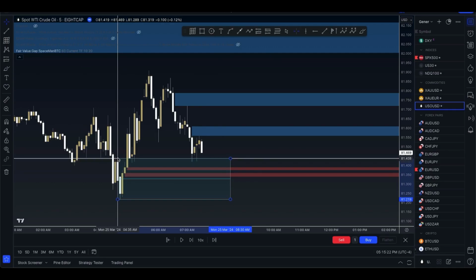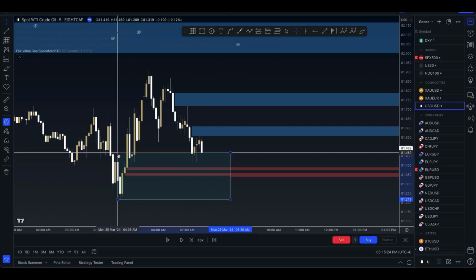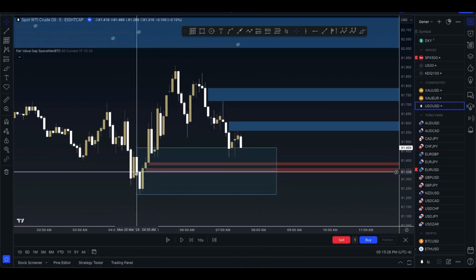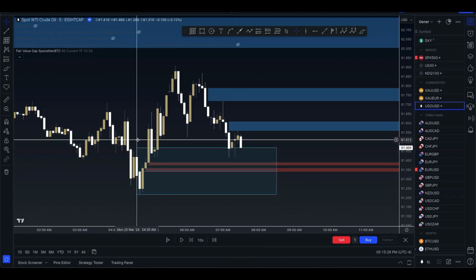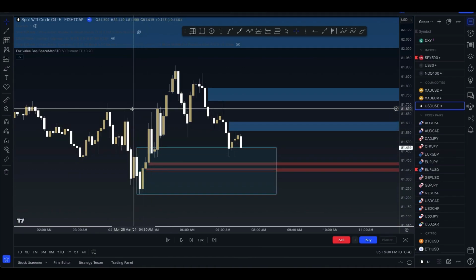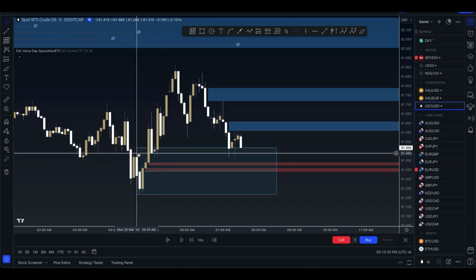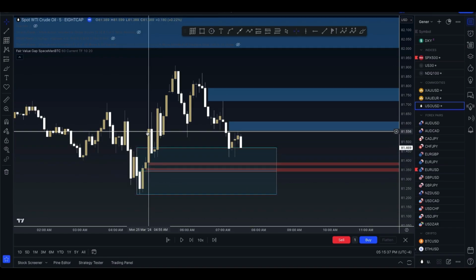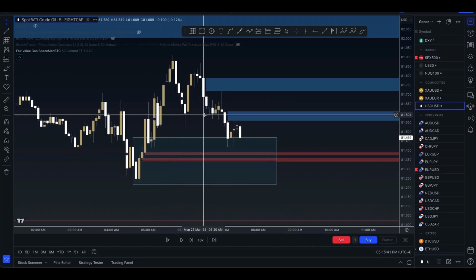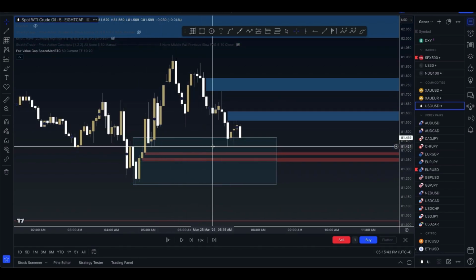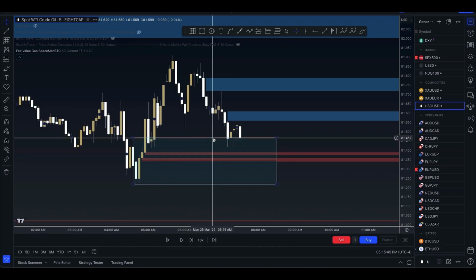Sometimes that means even this candle right here, right? Because on a higher time frame, these two consecutive candles equal one whole candle. So you could also use that as part of your demand or supply zone, obviously depending on the trend that you're in. And that is one way that you can avoid not getting tagged in.